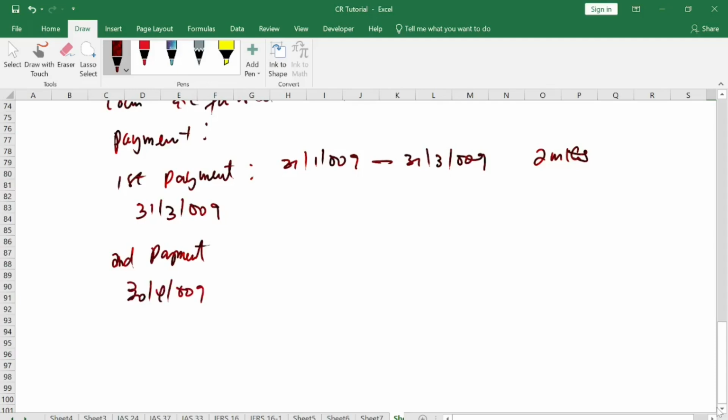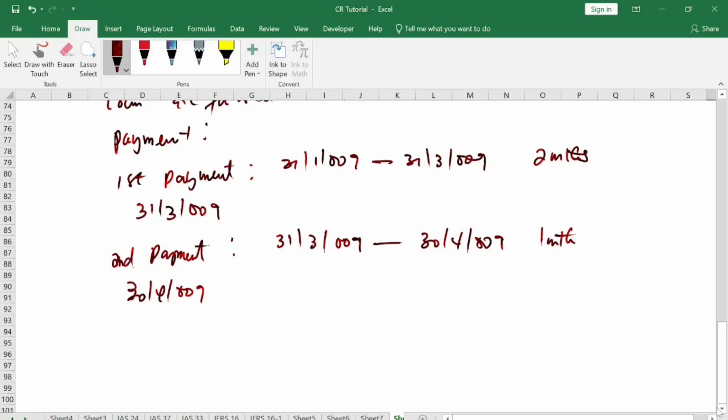So from 31st March 2009 to 30th April 2009, part of the money was also sitting idle. That is 1 month. So the money was invested for 1 month, right? Between the first payment and the second payment, the money was sitting idle.